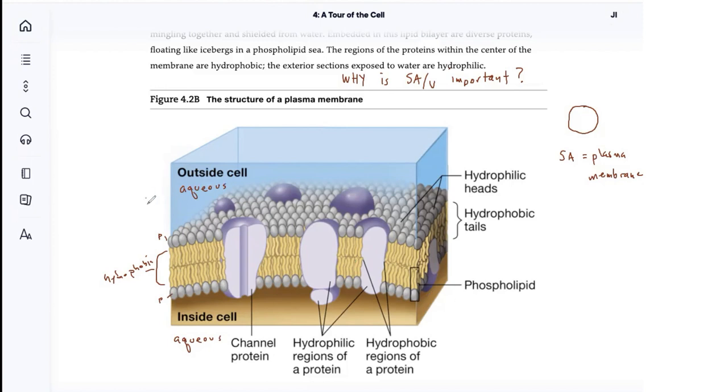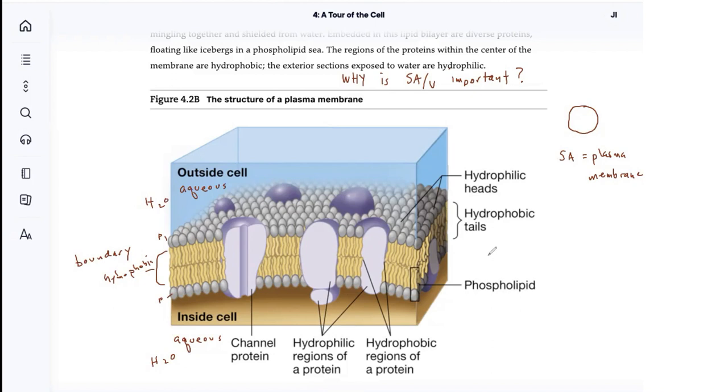So you've got water inside, water outside, and this hydrophobic layer, the plasma membrane, is a boundary that separates the cell from everything in the outside world, which means that any exchange of material into and out of the cell has to occur through the plasma membrane.